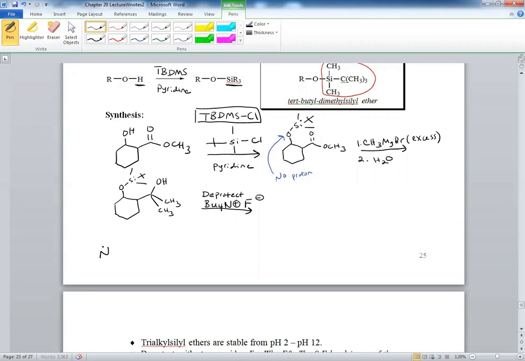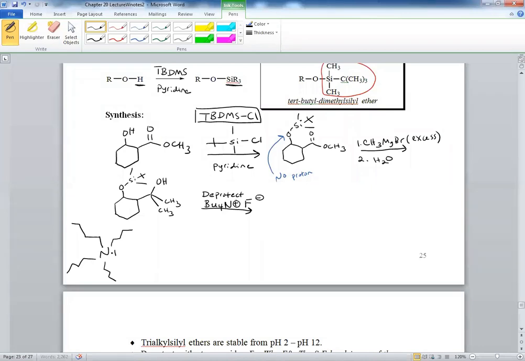You have a nitrogen atom attached to four butyl groups. Remember, butyl is 4 carbons: 1, 2, 3, 4, 1, 2, 3, 4, and so on.